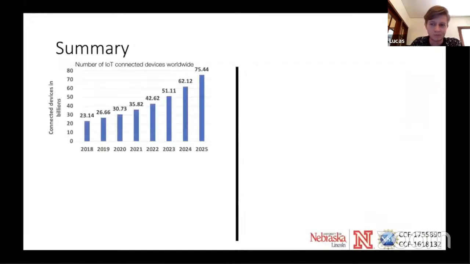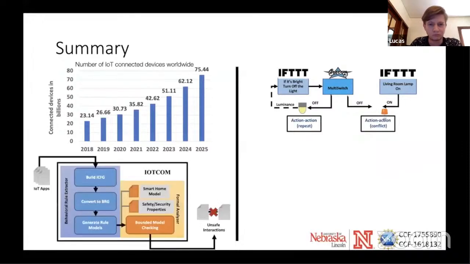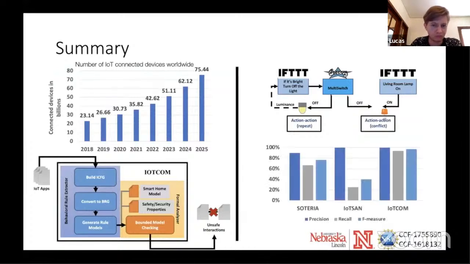In summary, in this work, we are addressing the safety and security concerns that result from the interaction between IoT applications and devices. First, we identified the interaction threats between IoT applications and devices, and then we proposed IoT-COM for addressing and capturing those interaction threats.